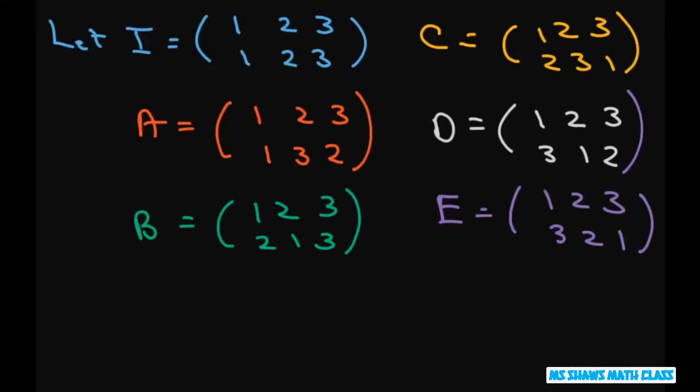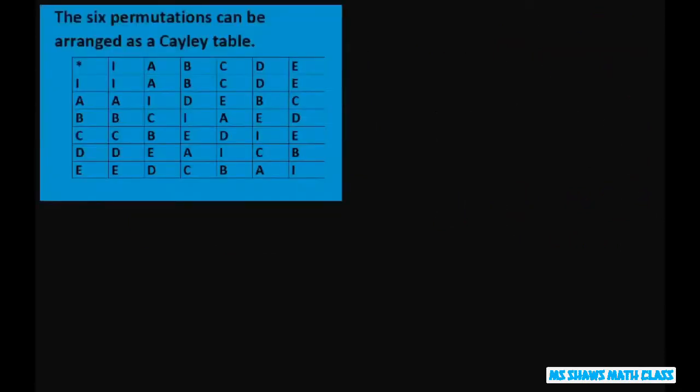All right, they can be arranged in a Cayley table, which I already did here. And for example, let's do D star B. So D star B is A. So that equals A. Or you could write that D was 1, 2, 3, 3, 1, 2.